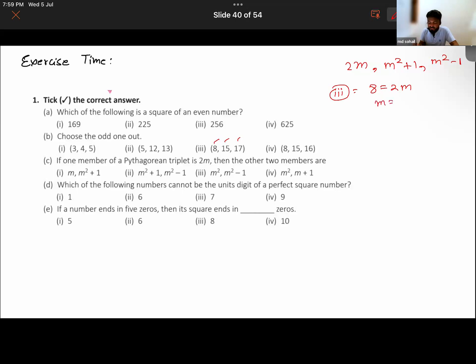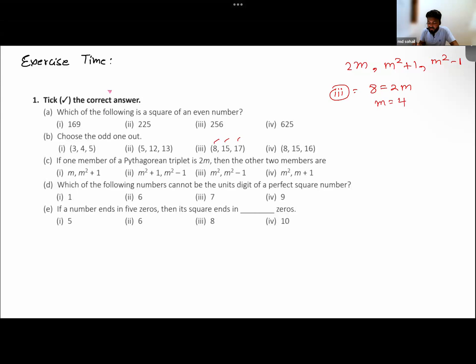So m you get here is 4. And you put the value of m in m square plus 1, that is 4 square plus 1, 16 plus 1, that you get 17. And then m square minus 1, that is 4 square minus 1, that means 16 minus 1, that is 15. So that fits in the Pythagorean triplet format. Hence, the third one is not the odd one, so it is not the required answer here.